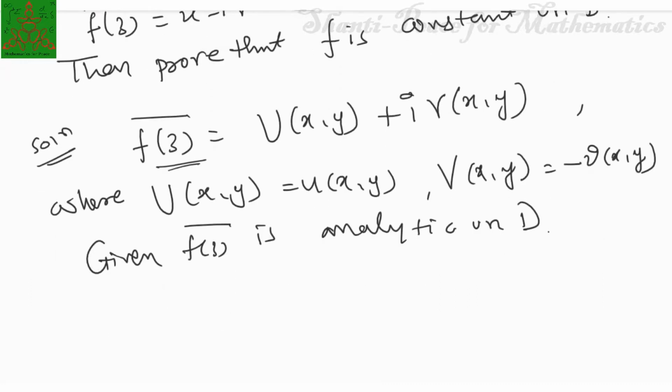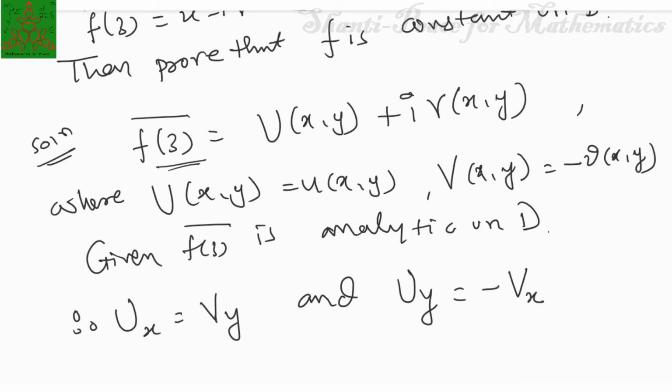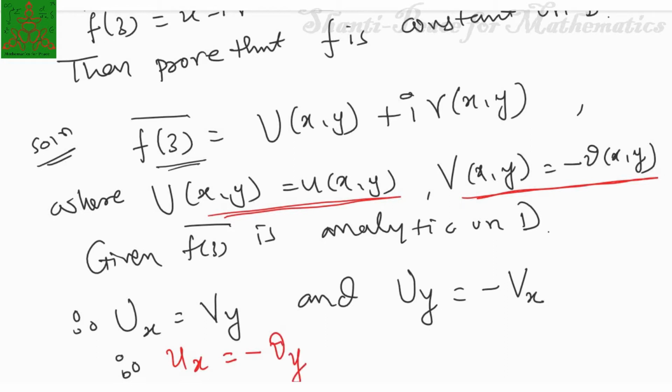So we can say that ux is equal to vy and uy equal to minus vx. So what is ux? Due to this, vx is nothing but ux, and due to this, vy is minus vy, and on this side uy, that is the derivative of this with respect to y, is small uy, and on this side you will have minus vx.